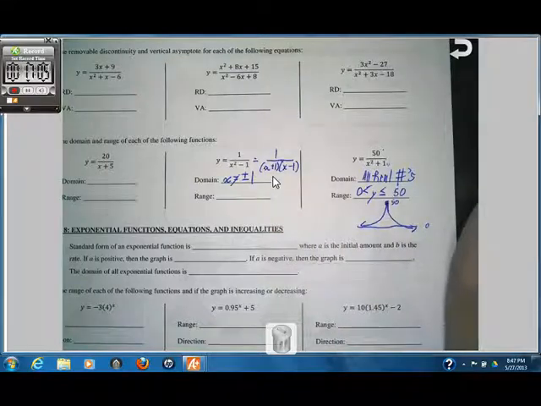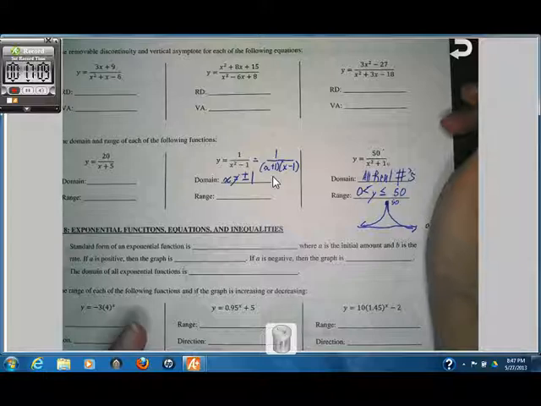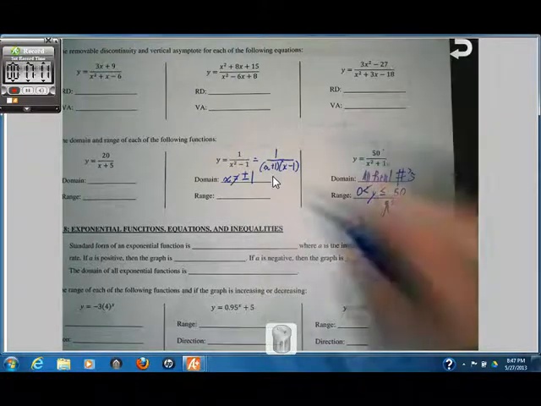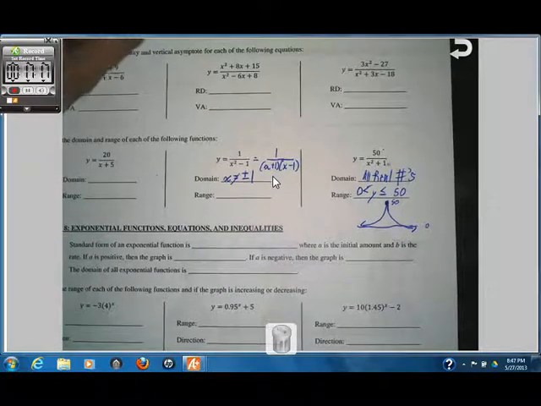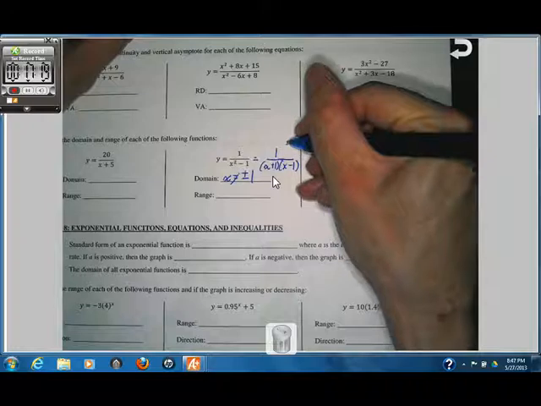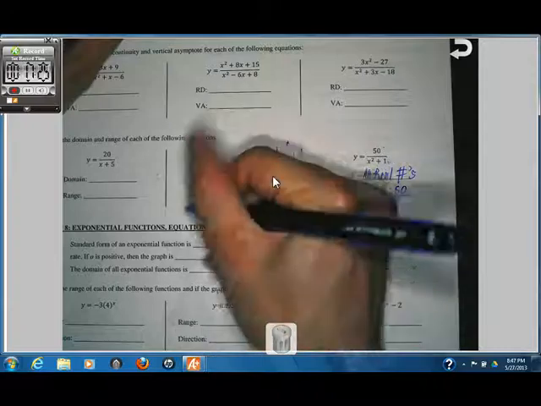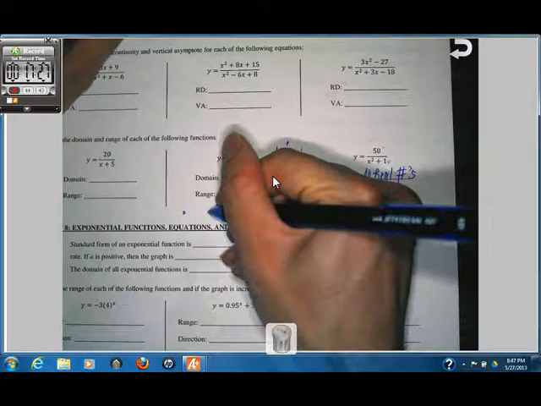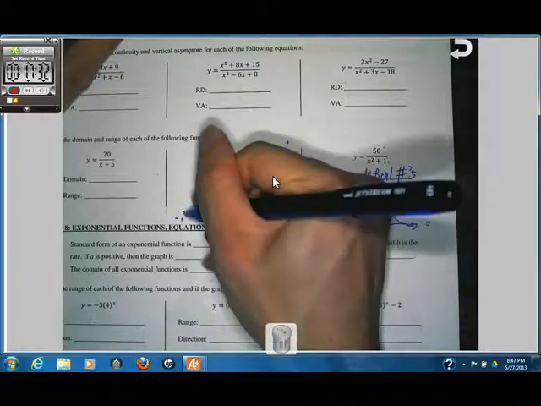If I've got negative 2, or negative 3, or negative 4, negative 2 minus 1 is negative 3. Negative 2 plus 1 is negative 1. So you have a negative times a negative, which is a positive. So everywhere to the left of negative 1, this is going to be positive in the denominator and positive in the numerator. Make sense?